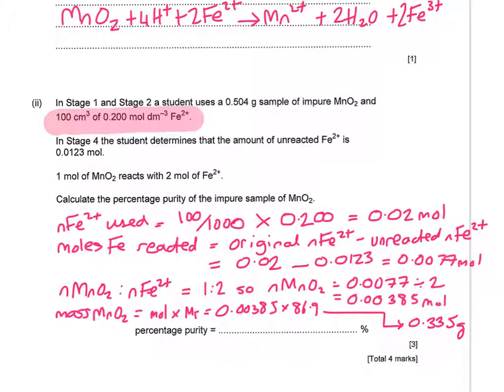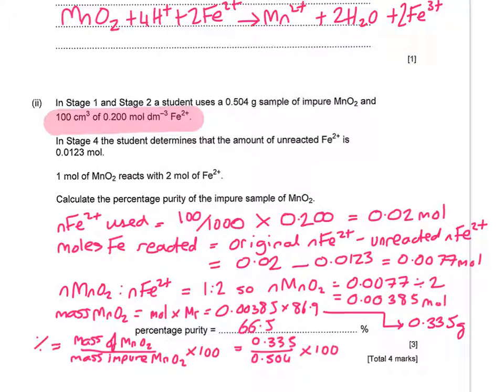We're using moles times Mr to convert to mass, it gives you 0.335 grams of MnO2. So dividing the mass of MnO2 from the titration by the mass of the impure MnO2 sample, you get 0.335 over 0.504. Multiplying that by 100 gives you 66.5%.